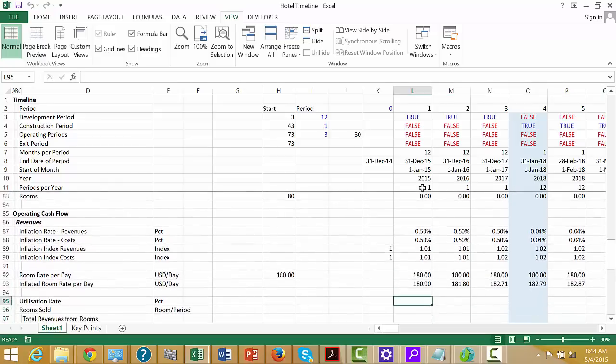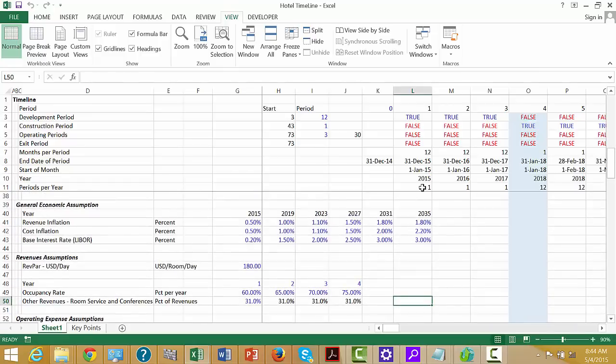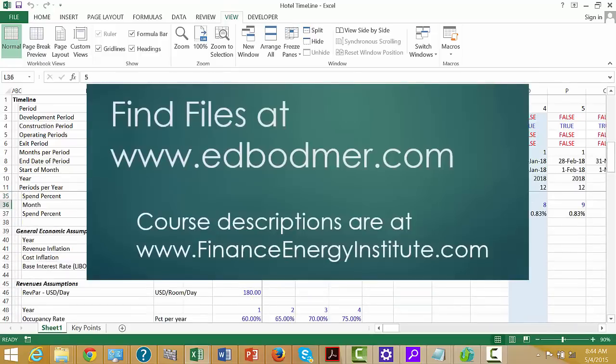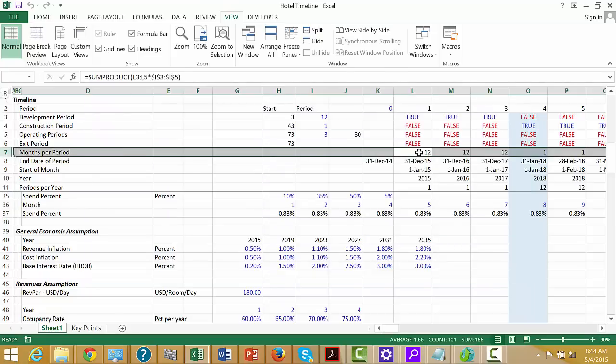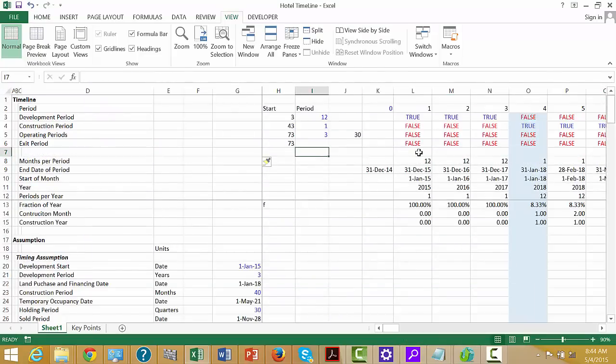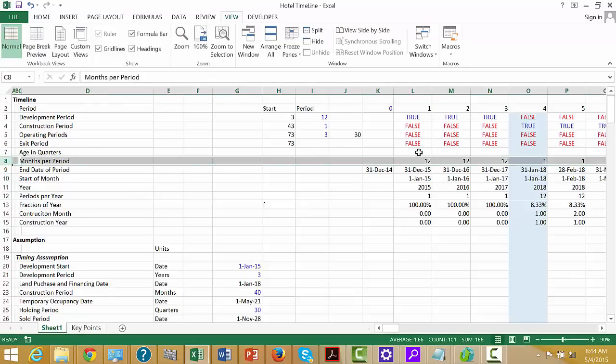So our utilization rate now depends on the age of the project in years. And I guess we need another thing. Why don't we put age in quarters, and we'll put age in years.